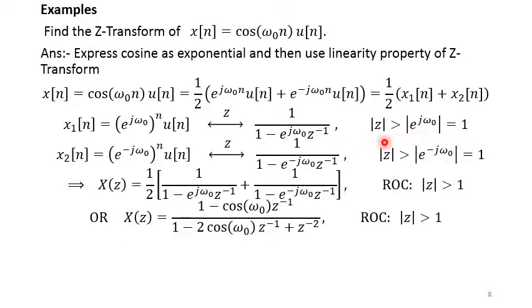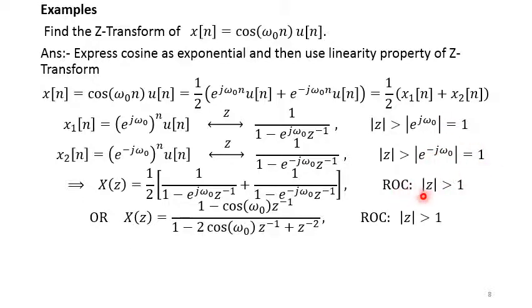Also, when we talk about the ROC, you understand this should be greater than 1, right? So the product of this one, that means z absolute equals absolute of this thing, which is equal to 1. So whether for the negative exponential or for the positive exponential, the absolute value of both is equal to 1.